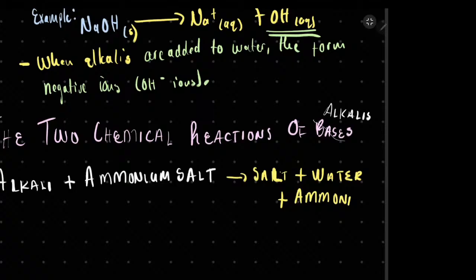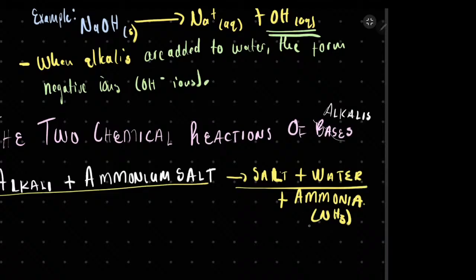So you get any salt plus water plus ammonia, which is NH3. It's almost like a neutralization reaction: you get a salt and water, but you will also get something else, which is ammonia gas. And remember, what is being neutralized here is not an acid. It's a base.